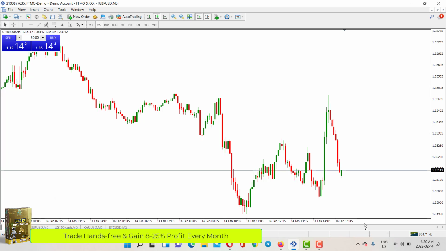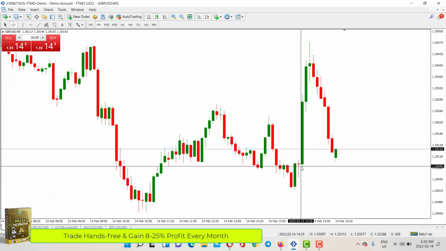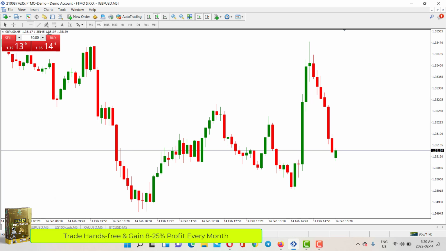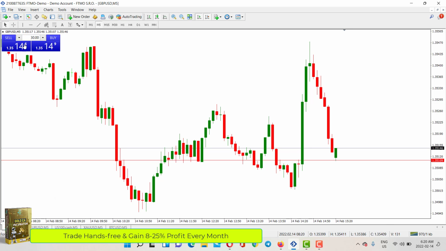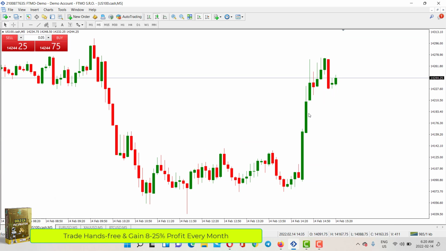I'm going to take my trade somewhere here, but I'm waiting for this candle to get closed, guys. Always wait for candles to get closed, and then you can take your trade confidently. Okay, from here to here, and then I put my stop loss somewhere around here. Even this one is a good one, but I have my alarm here.